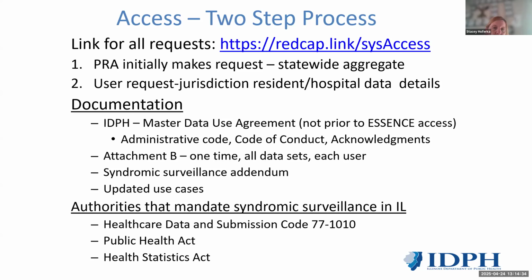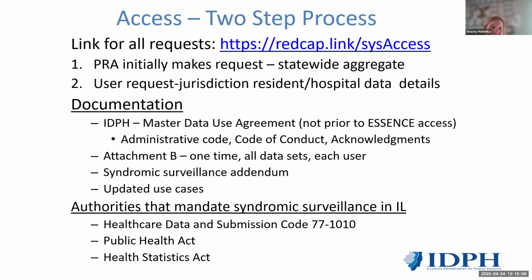There's a second level of request. The second step in this process is if somebody in your health department should have access to the individual visit level data, like if they are in charge of investigating clusters of overdoses or COVID, or they're looking for measles cases and they need to see the individual records, then once the initial account is set up, that user would go back into the same link. They would say, I need additional details.